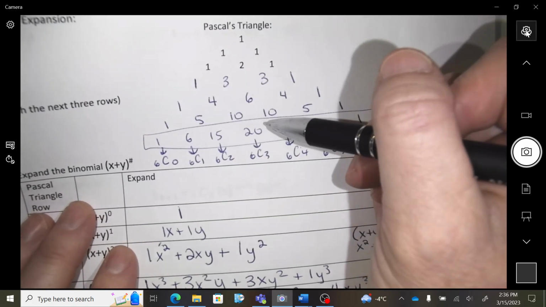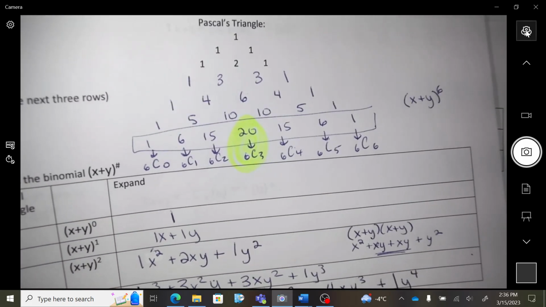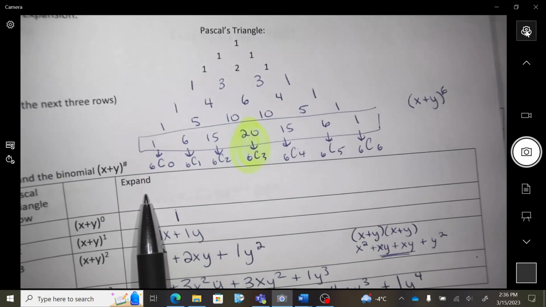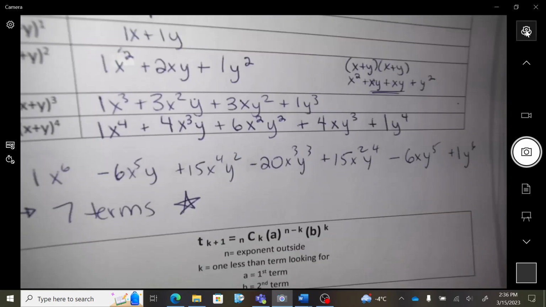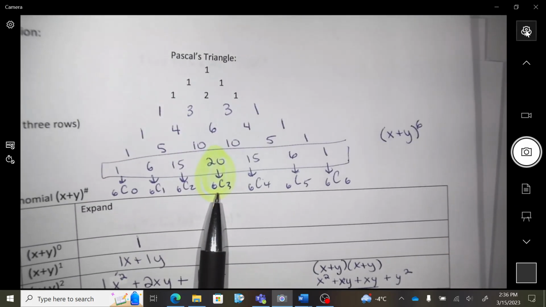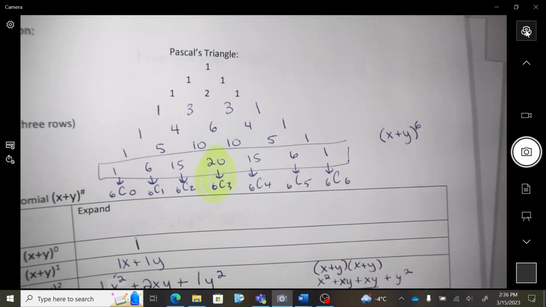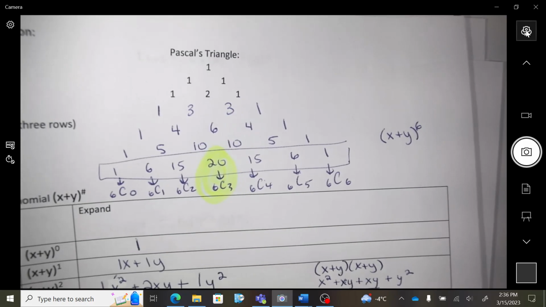So do you notice how this is the 4th term, right? 1, 2, 3, 4. This is the 4th term, but I'm actually doing the choose 3 because I start counting at 0. It's horrible for your brain, but you have to start counting at 0, which makes everything 1 different than what your brain normally would do, right?